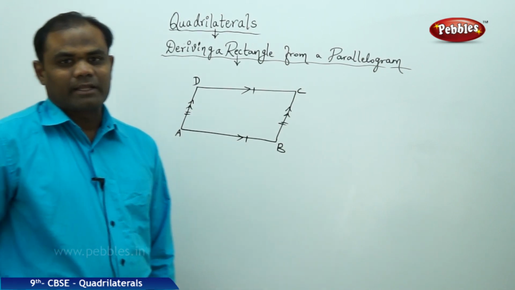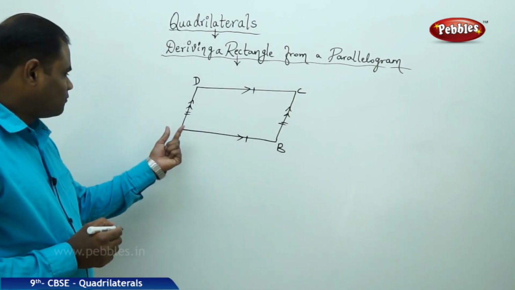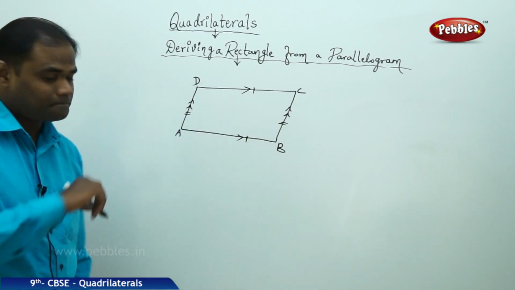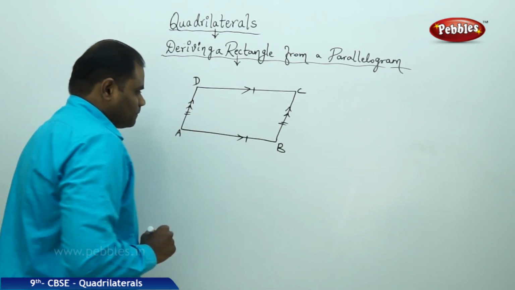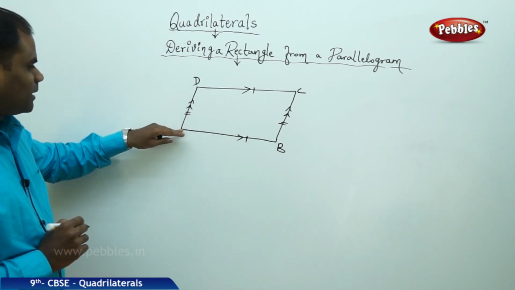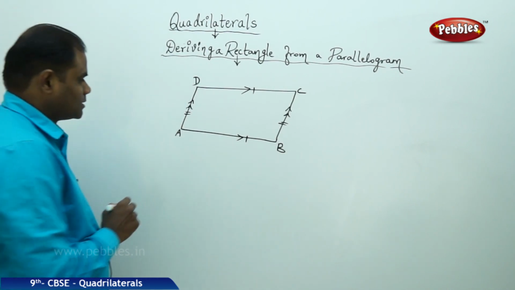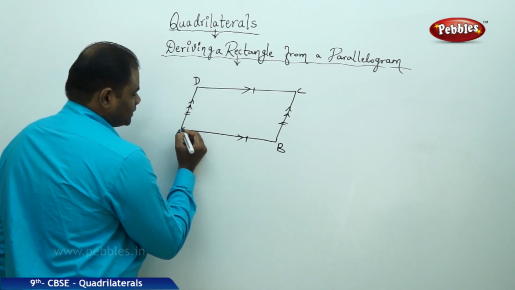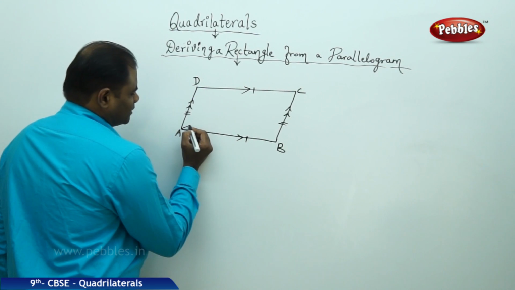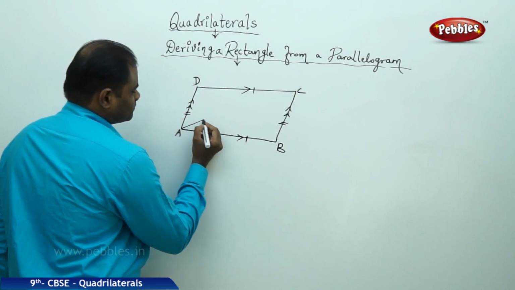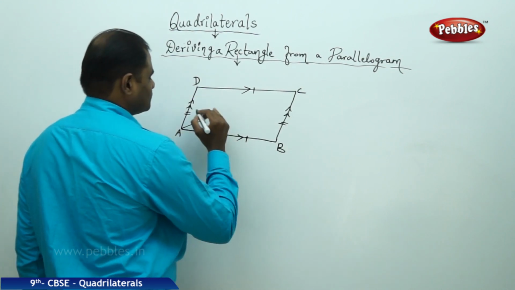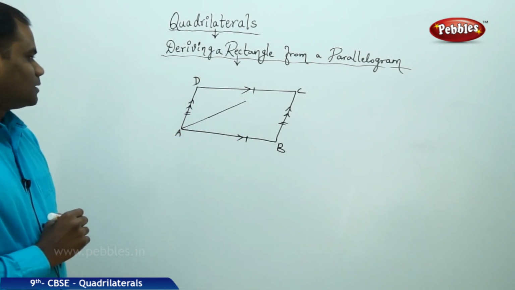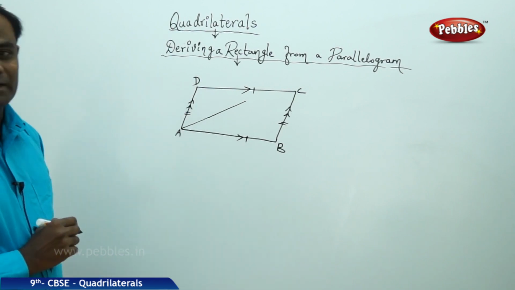Now let's see how a rectangle is derived. I have four angles, angle A, angle B, angle C and angle D. Here I would like to draw a bisector for each angle. That is, for angle A, I take the bisector that is exactly at equal angle. I just extend this. Similarly, I take the bisector of angle D.